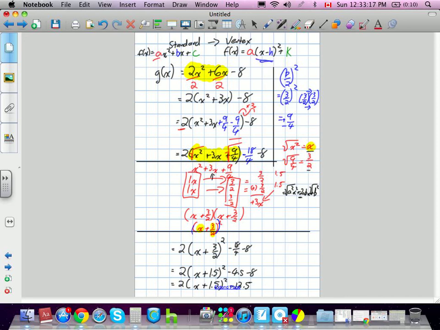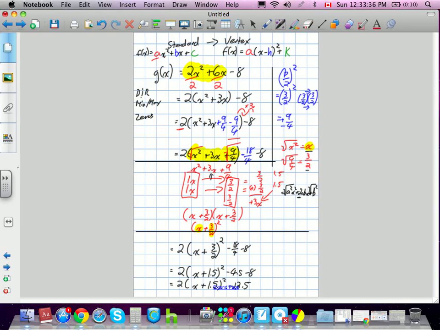Okay? But remember, this question asked us several things. Now, in the vertex form, they wanted our domain and range, they said. They wanted the min or the max, and they wanted the zeros. Now in factored form, the very first thing we find is the zeros, but that's not the case in vertex form. In vertex form, the very first thing we find is the max or min.